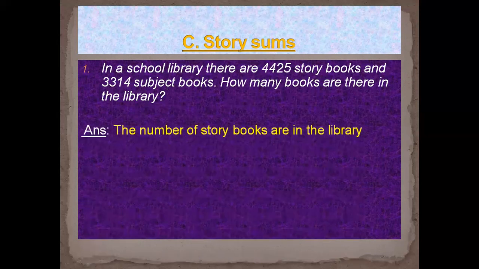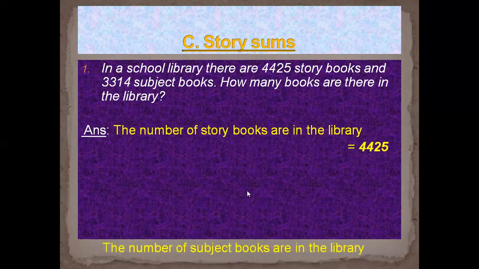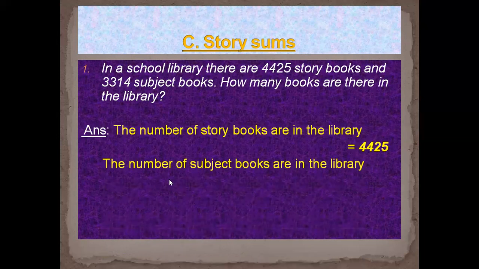Okay, see now the answer. The number of story books in the library is 4,425. Right? And how many subject books are there? The number of subject books in the library is 3,314.